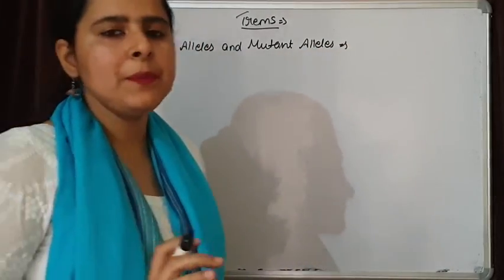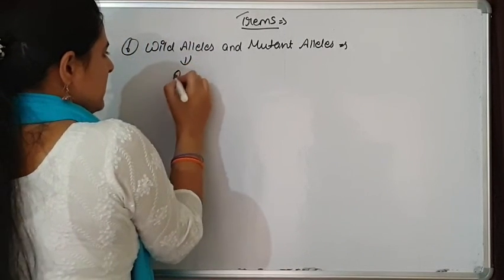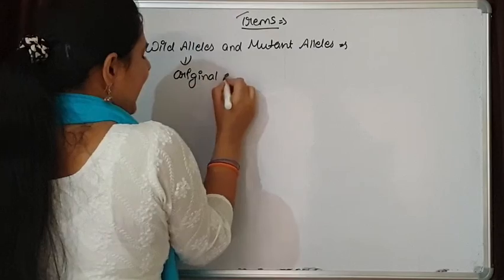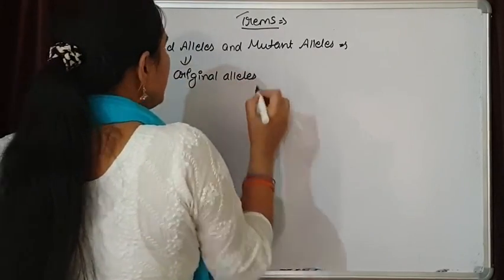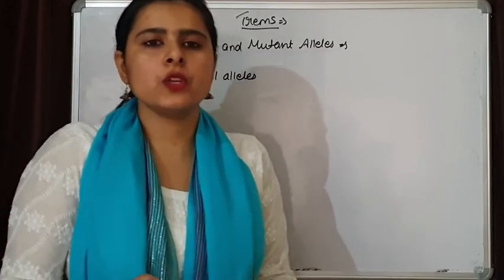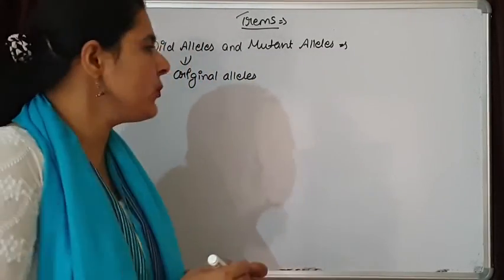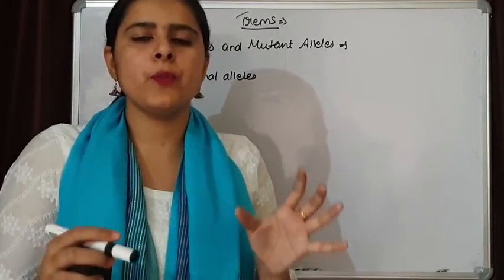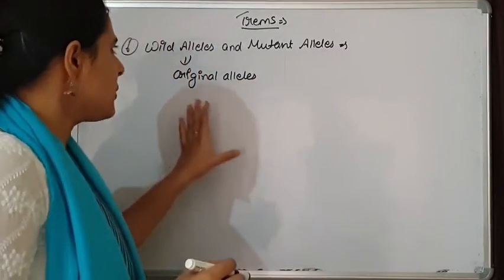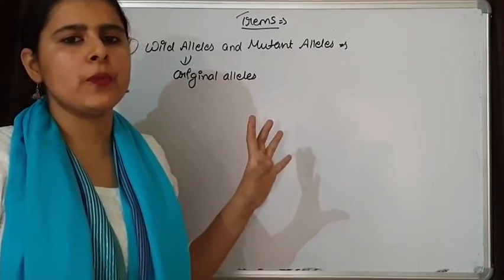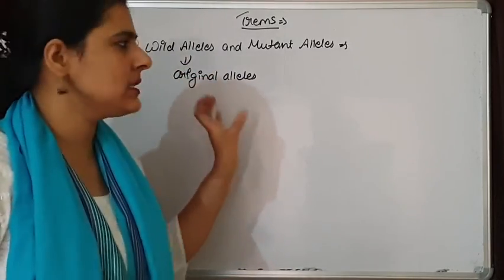Wild alleles simply means the original alleles, and these do not have any mutations. How are we going to know about the wild alleles or mutant alleles? These alleles are present in the maximum of the population, so those are known as wild alleles. These are the original ones, and the maximum of the population has these alleles.